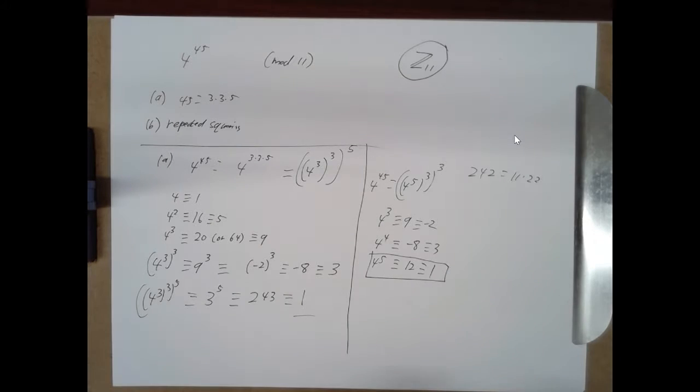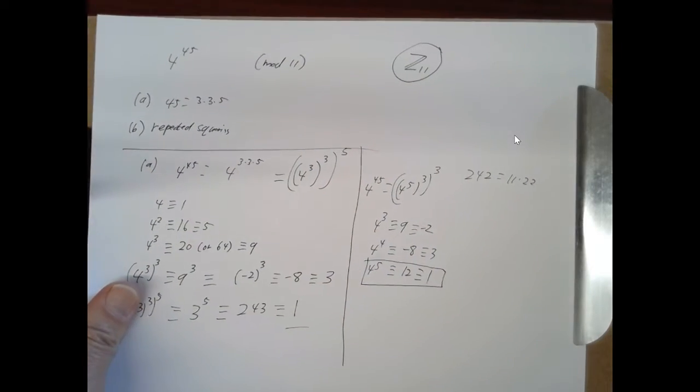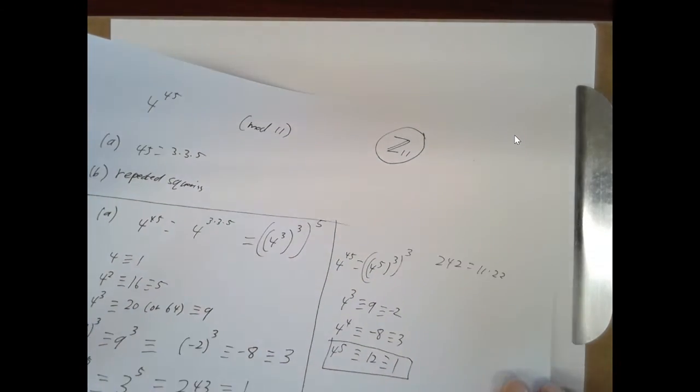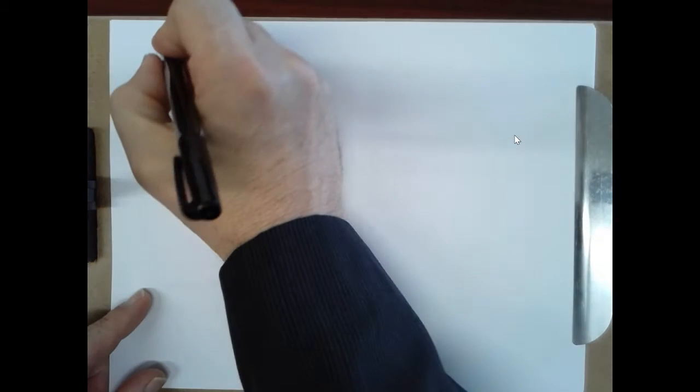So that's one approach, but the other suggestion is to use repeated squaring. Yeah, so this is the breaking the thing into binary that we did.